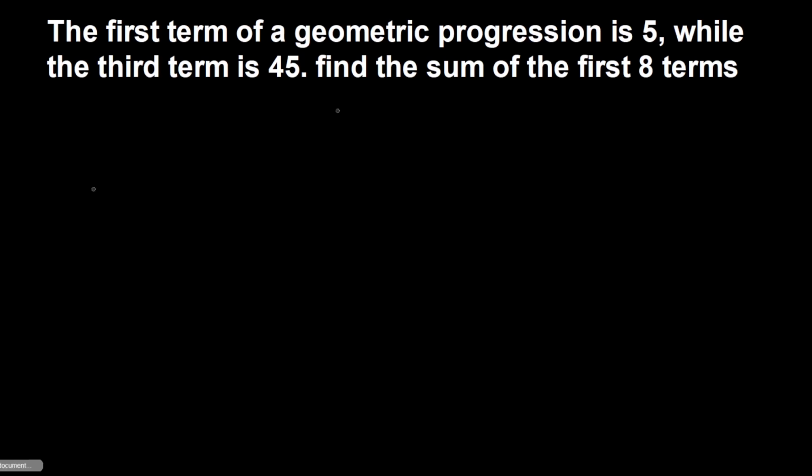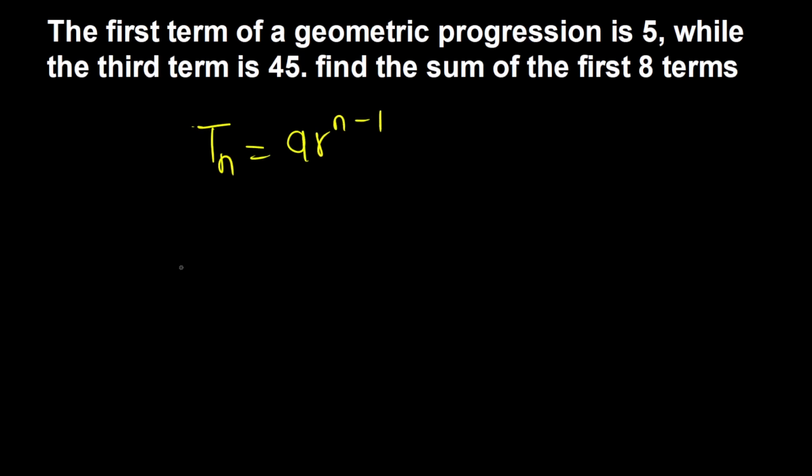Let's go ahead and solve this question. This question reads, the first term of a geometric progression is 5, while the third term is 45. Find the sum of the first 8 terms. We are going to deploy our formula to solve this problem. We have that Tn is equal to ar to the power of n minus 1.